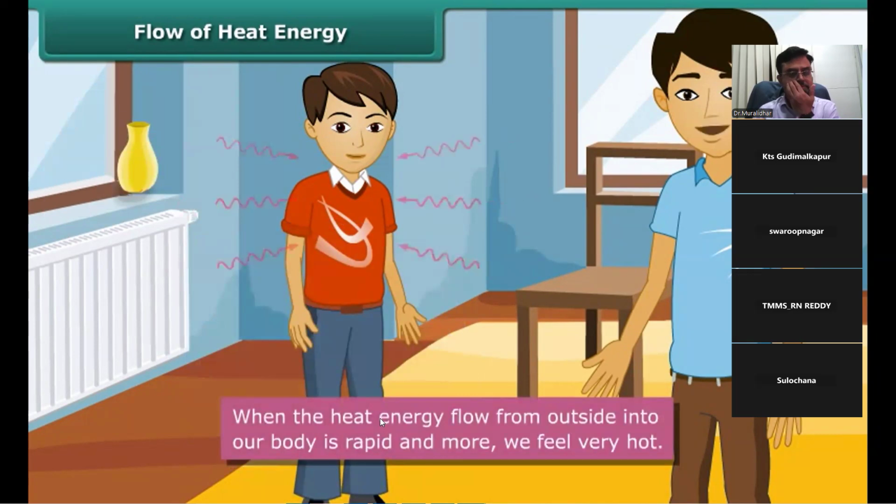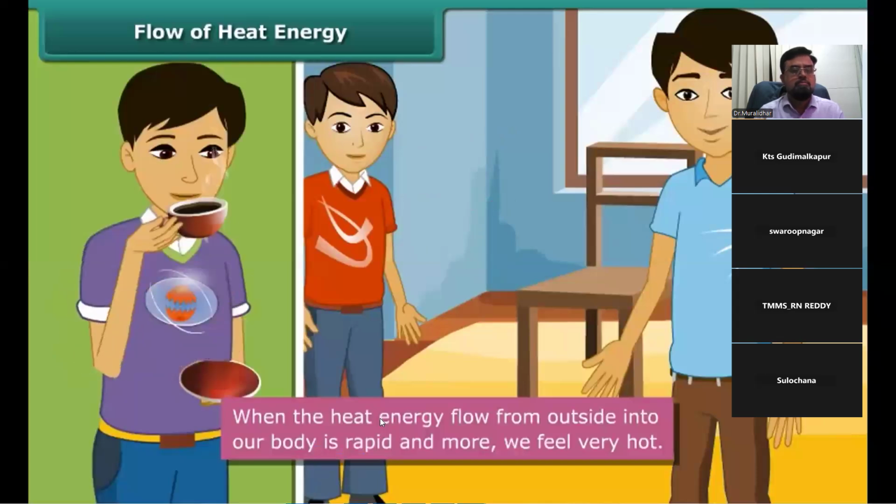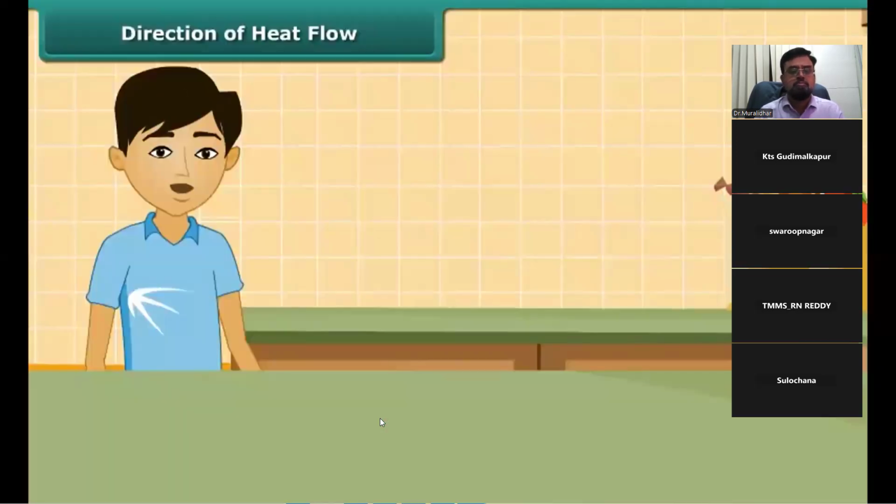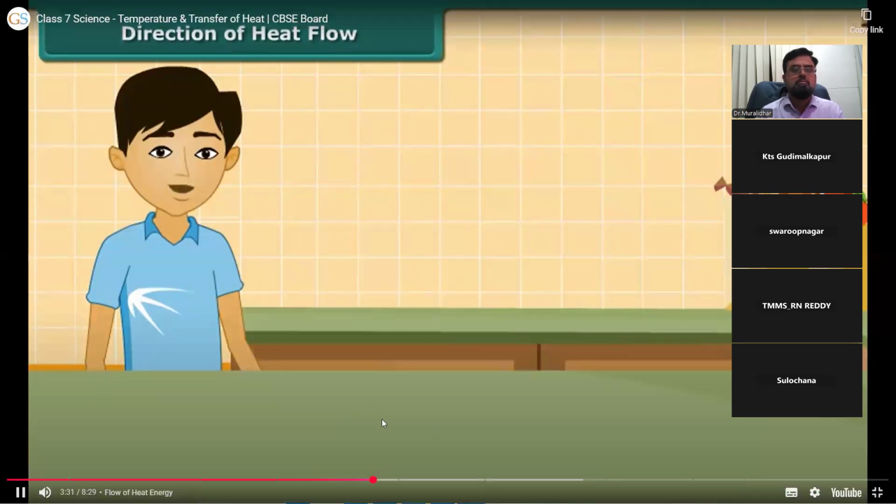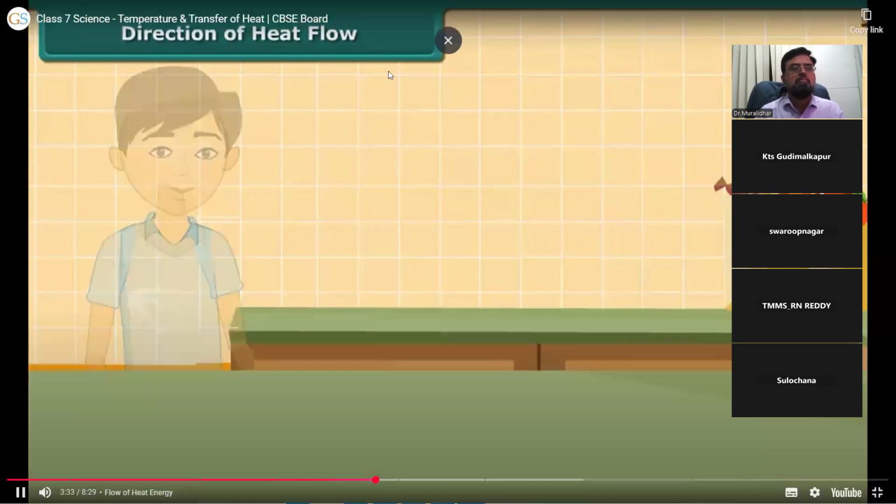With this heat, the ice on your palm melts. When the heat energy flow from outside into our body is rapid and more, we feel very hot. This is the case when we hold cup of coffee. The heat from tea or coffee flows to tea to the hand. Thus, it is the flow of heat energy which determines the cold or hot.